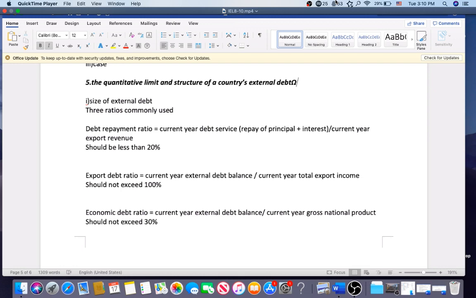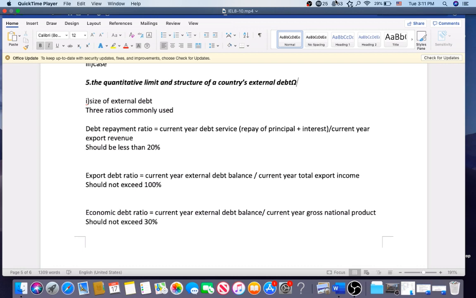That is, how much of the export income can be used to repay the principal and interest due to the external world. The limit for this ratio is that it should not exceed 20%. If it is greater than 30%, it is very dangerous.